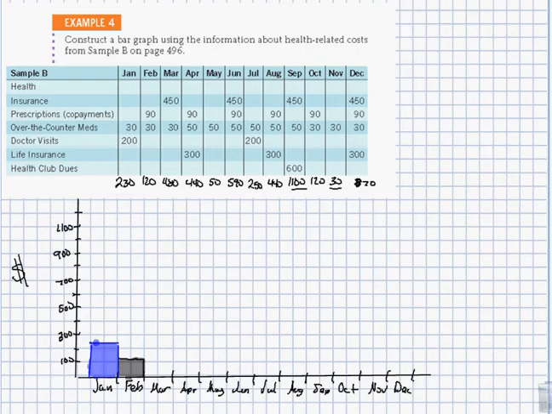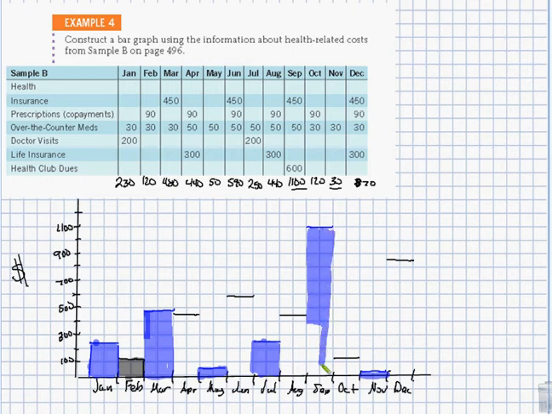And then again, once you've got all your heights, you just color it in to make your bars. And you don't have to use 2 colors, but I think it looks better if you use 2 colors, because if you use 1 color, it sort of smashes all together.